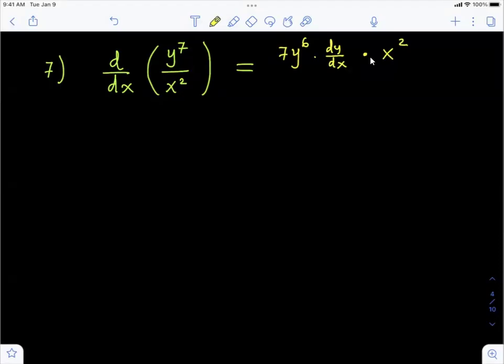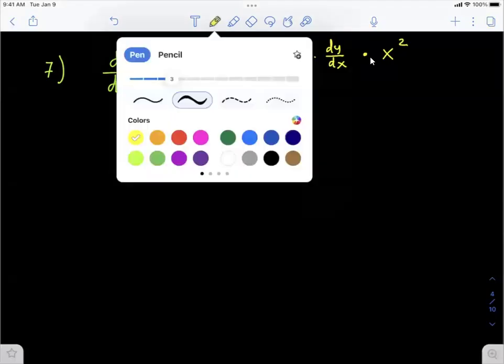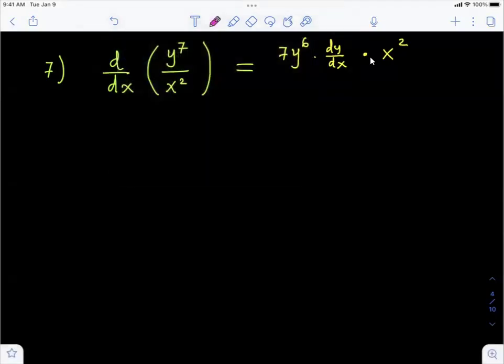Now, if you look at this carefully, what you see here in the first component, within pink parentheses, is the derivative of the top function with respect to variable x. And then minus, let's proceed with the rest of the computation. Now you're going to fix the top function, y to the 7, times the derivative of the bottom function, which is going to be 2x.